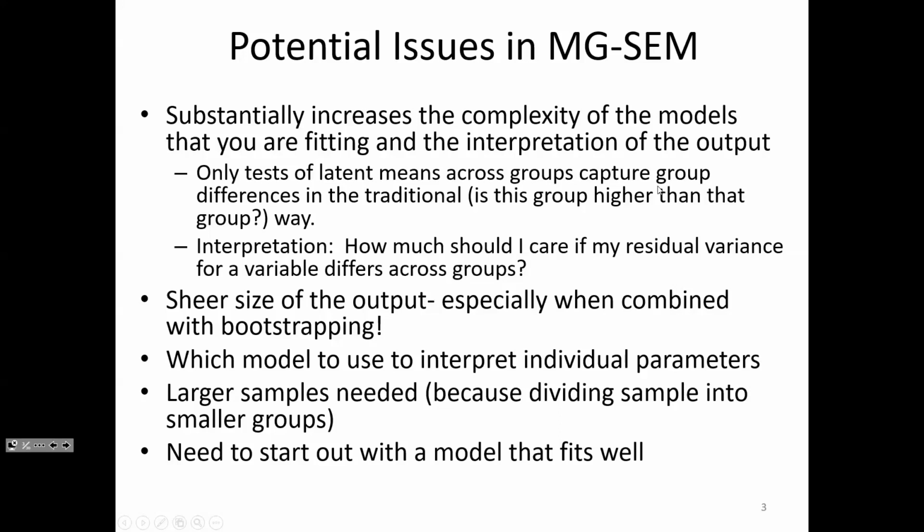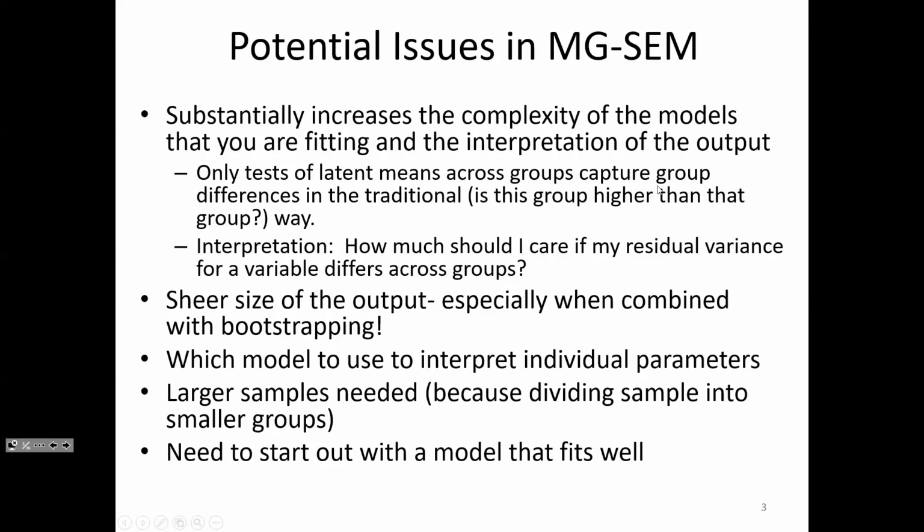As you're going to see from our packet today, we're going to end up with a lot more output, a lot more stuff to wade through, because we're getting all parameters for all groups. Everything I'm doing in this class is comparing two groups.